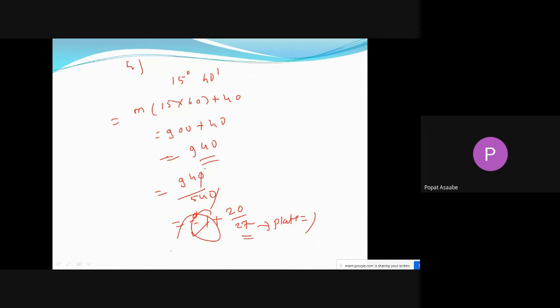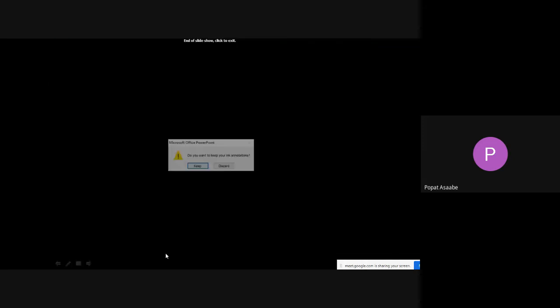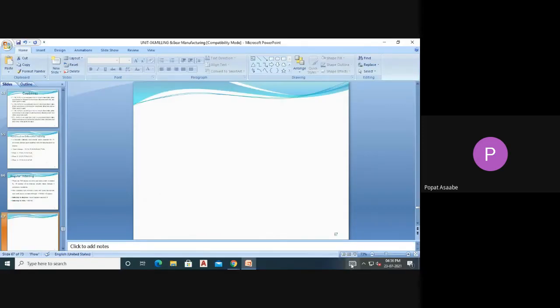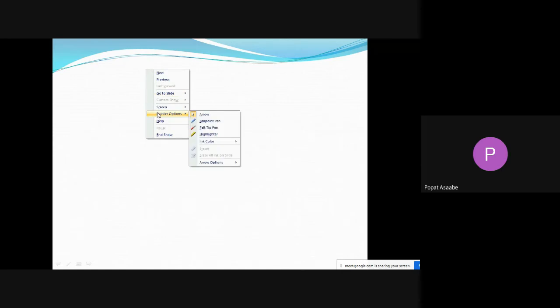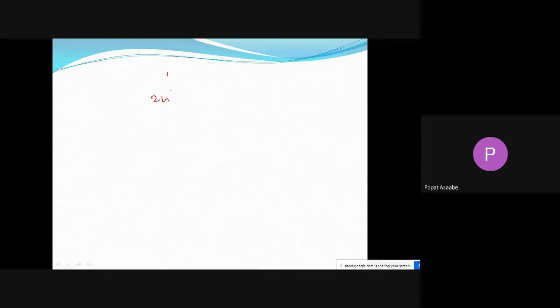Now take the last example. Last example is only remaining here. One example is remaining here. That is 24 degrees and 30 minutes.